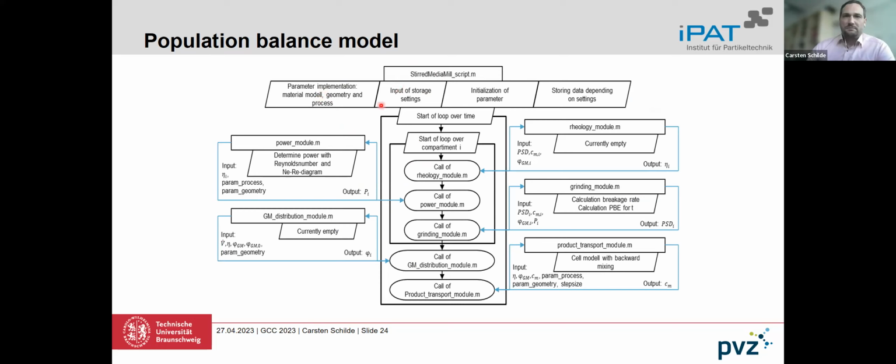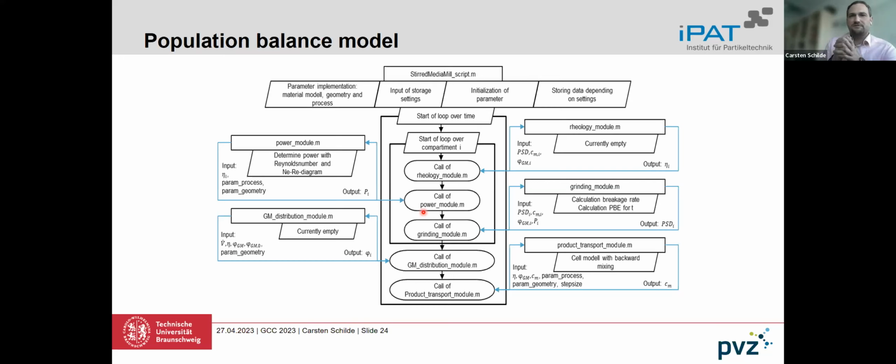So we have our parameter implementation, we have input settings, then we run into our stirred media mill population balance model script, which is subdivided into different cells. So we do the population balance method for every cell within the grinding chamber.